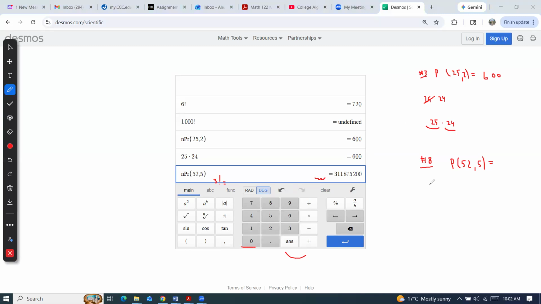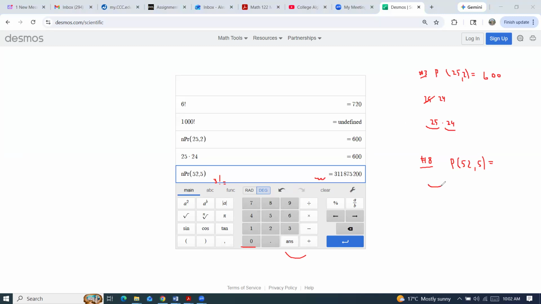So all these factorials and their cronies, such as permutations, are a little bit too long to calculate. But choose 5 is good. We can do that. So 52 choices for the first position. Then for the second position, I will have one less choice, 51.